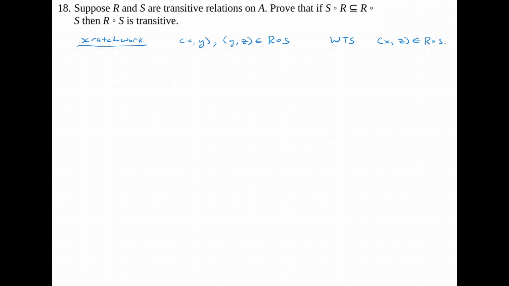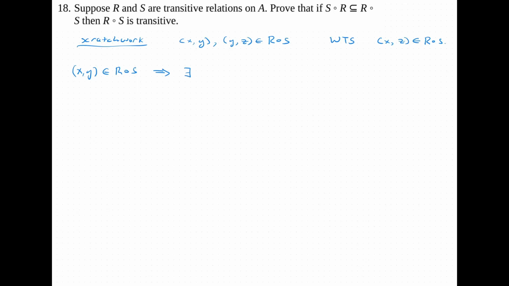And so the way we're going to go about that is by using the definition of composition. So (x, y) being in the composition of R with S tells us that there is some intermediary element.